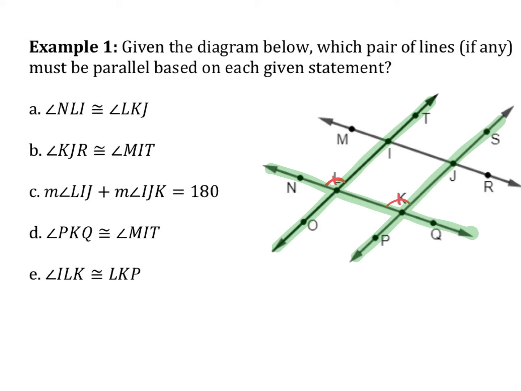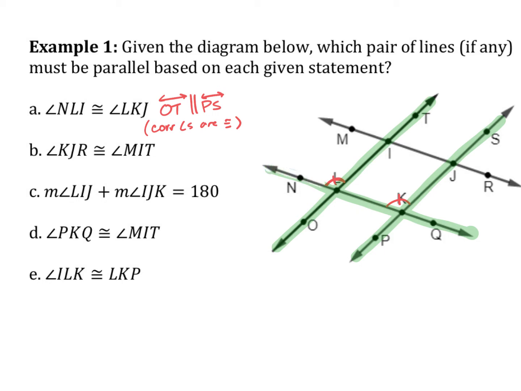So I should be able to say that because those angles are congruent, line OT is parallel to line PS. And I'm just going to put a reason down here. It's because corresponding angles are congruent, just to illustrate what the reasoning is for making these two lines parallel. Let's try the next one.